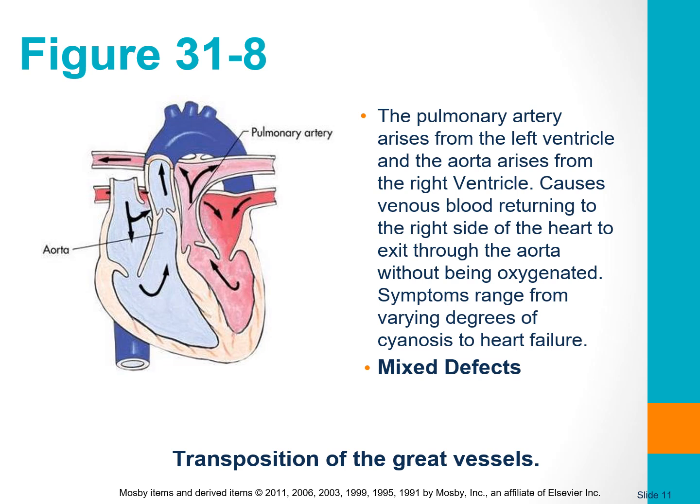Okay, the last one here is transposition of the great vessels, or not last one, there's two more. Transposition of the great vessels. This is when the pulmonary artery arises from the left ventricle and the aorta arises from the right ventricle. So they're really switched. This causes venous blood return to the right side of the heart to exit through the aorta before it goes to the lungs to be oxygenated.